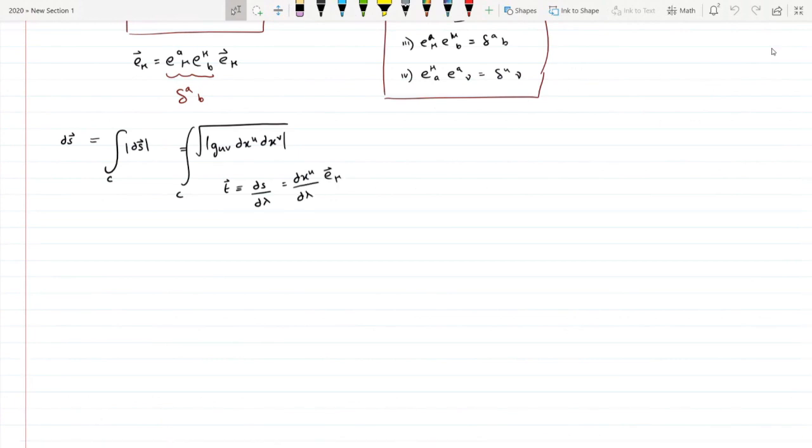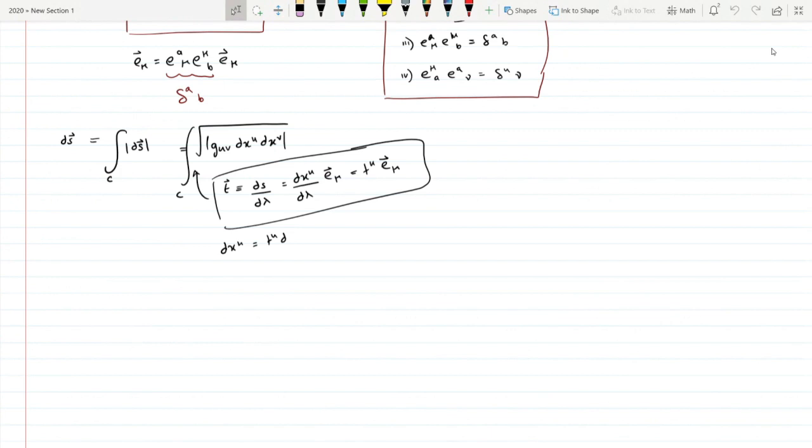Do you remember this? Which is also written as d mu e mu. So I've just written my tangent vector in terms of my basis. Okay, and I'm going to take this tangent vector and substitute that back into it. And when we do that, you'll find that you get this.